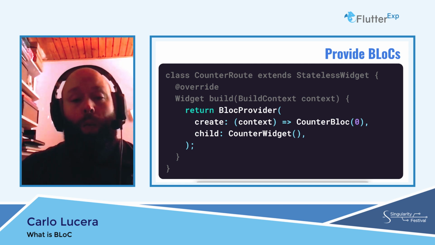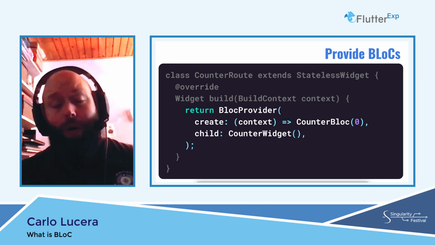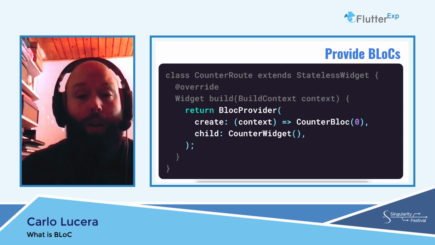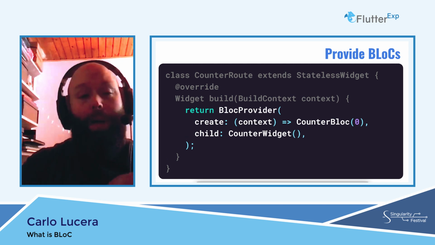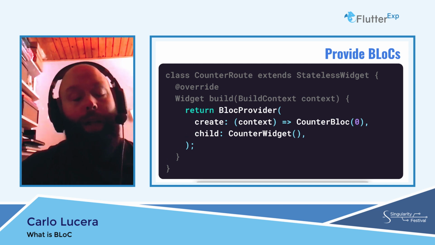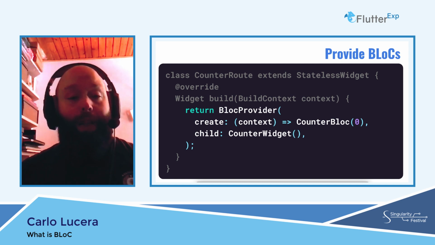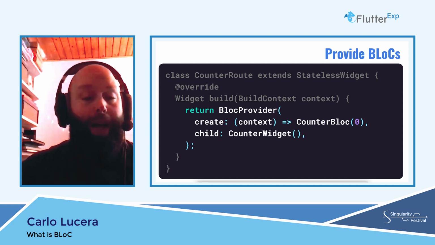Because when we use the callback that we'll see later to obtain the bloc, we will use an inherited widget mechanism, mostly used inside the provider part of the library. And if we use the same context that is creating the BlocProvider, we will not have the bloc available.